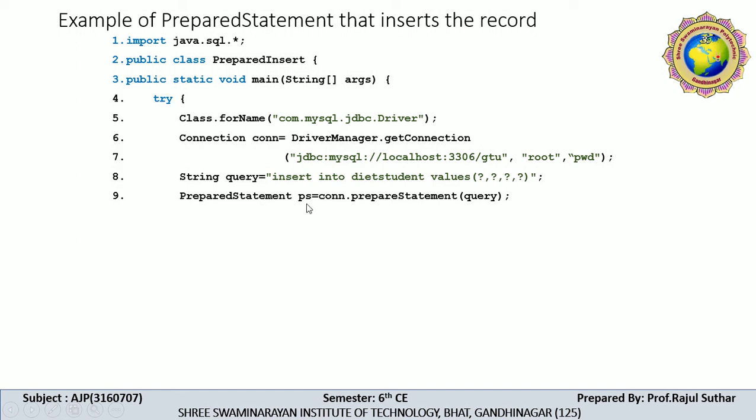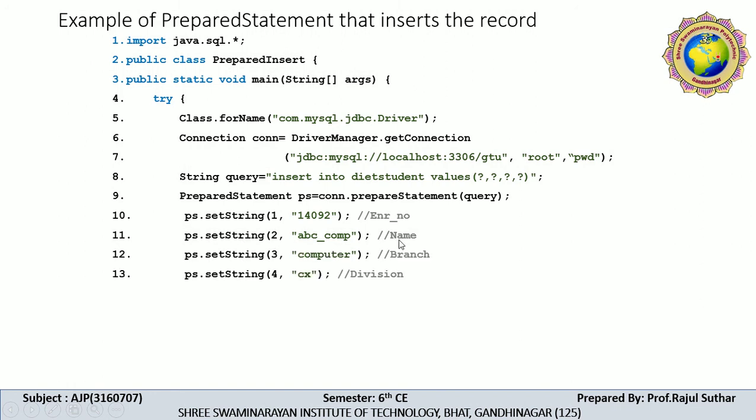PreparedStatement ps = con.prepareStatement(query); ps.setString we input the value 1 and 14092, which is the enrollment number, maximum up to the given size. Then ps.setString for the second value name, the third branch and division.